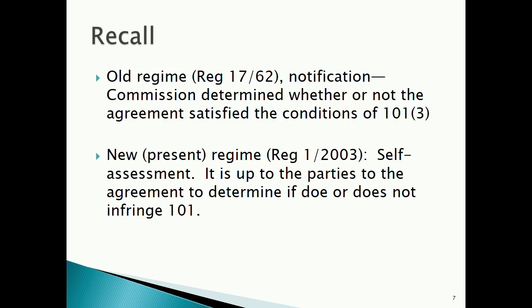As we will see, the Commission at one time was able to balance off environmental effects or employment effects against price rises. Okay? In the new days, starting May 1st, 2004, no such balancing was allowed because it became a self-assessment regime.